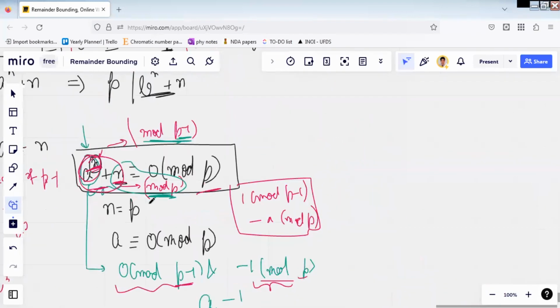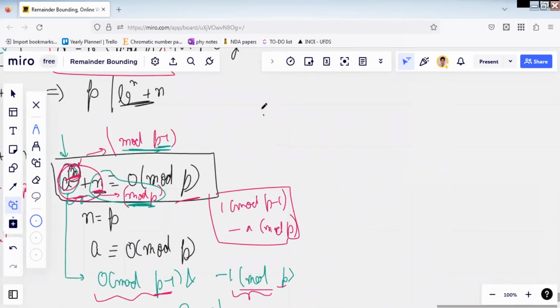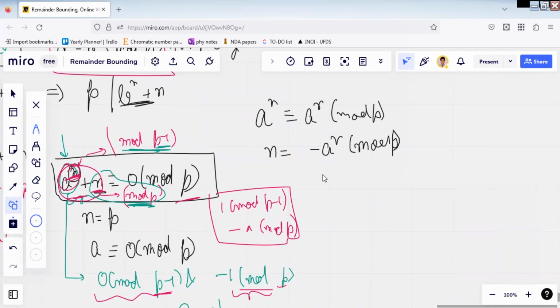Okay, so as I also said, if we take n to be any r mod p minus 1, a to the power n will be congruent to a to the power r mod p. And then we can pick n to be minus a to the power r mod p.